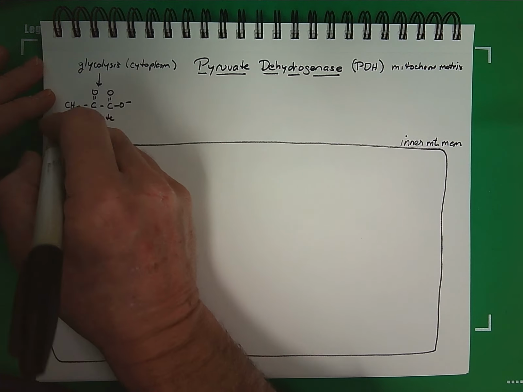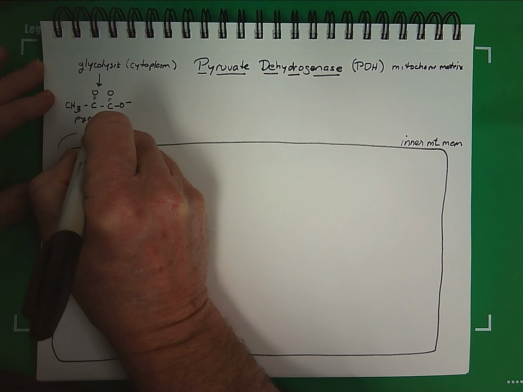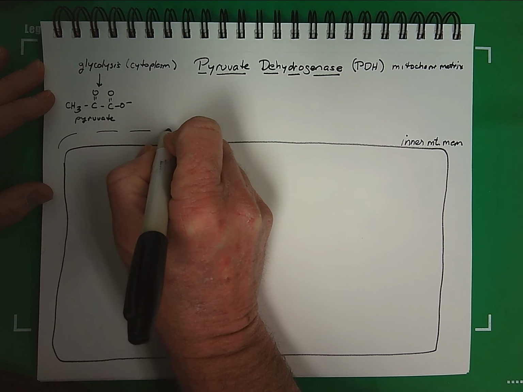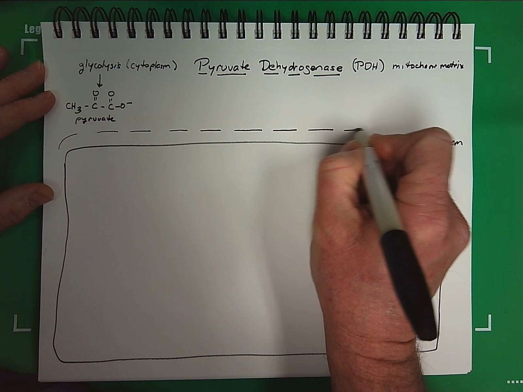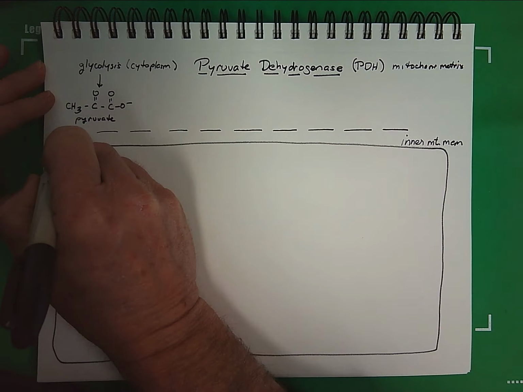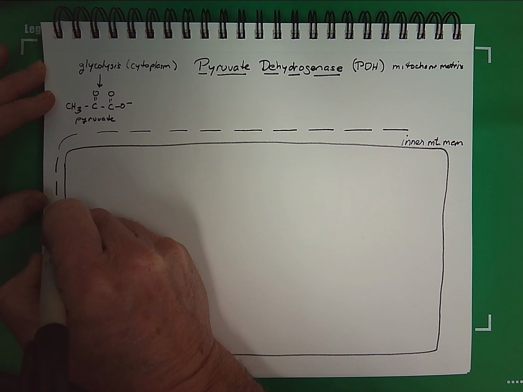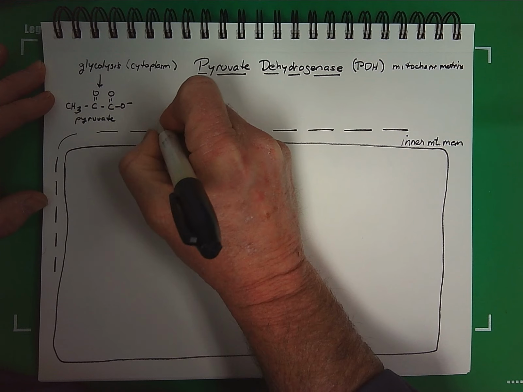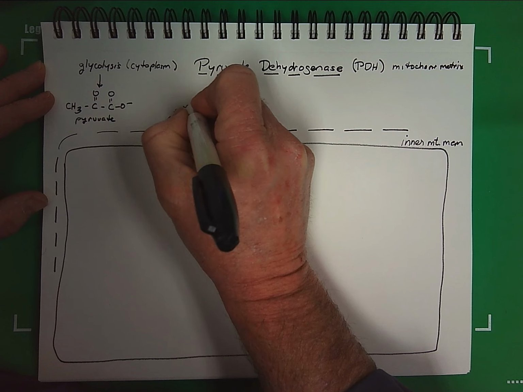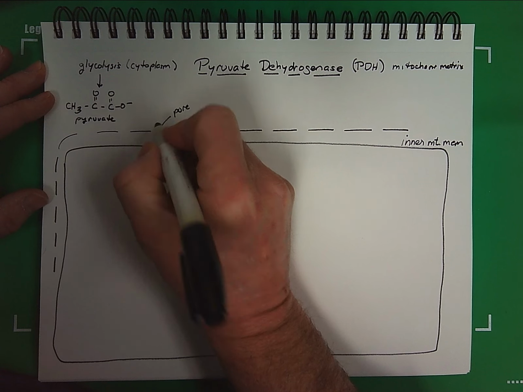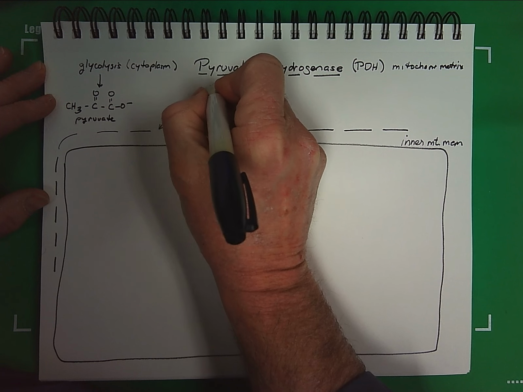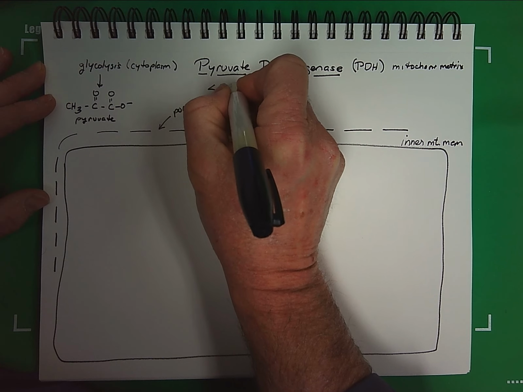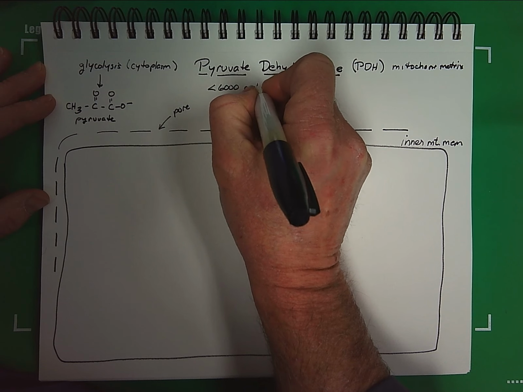The outer membrane of the mitochondria is considered rather porous. Now there are not large gaps in the membrane, but there are pore-like structures. And these pore-like structures can allow the passage of molecules that are generally less than 6,000 molecular weight.